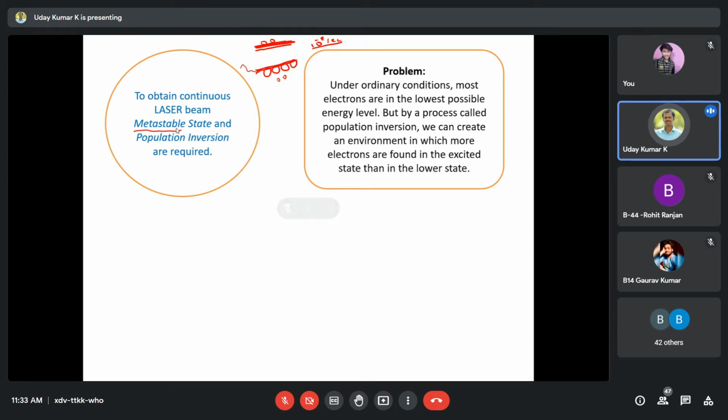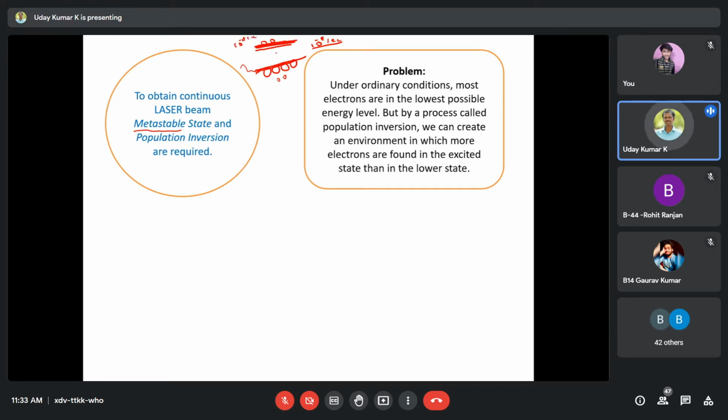Basically, you define this with respect to how much time atoms can stay at that particular level. In the lower energy level, you will have a longer time, and at the higher energy level, I said 10 to the power of minus 8 seconds.